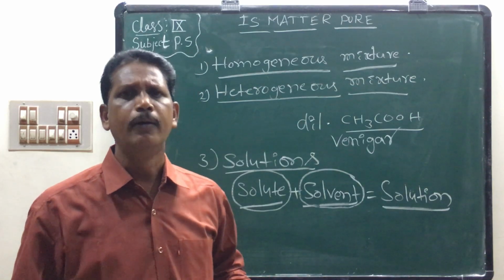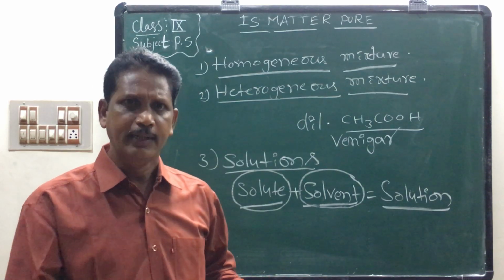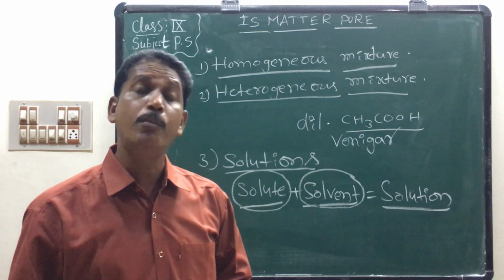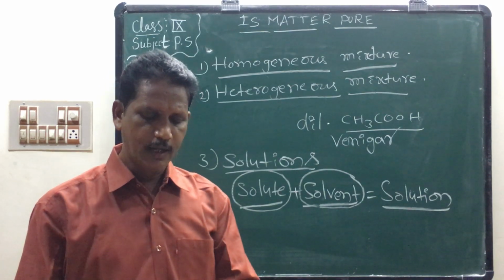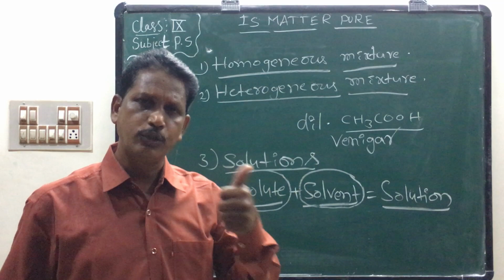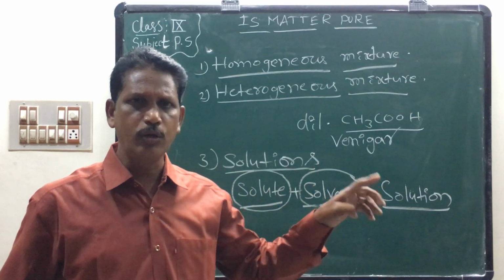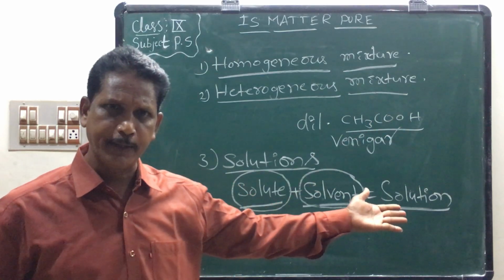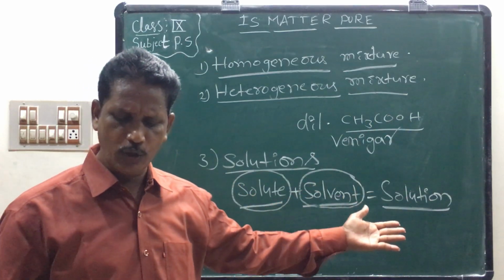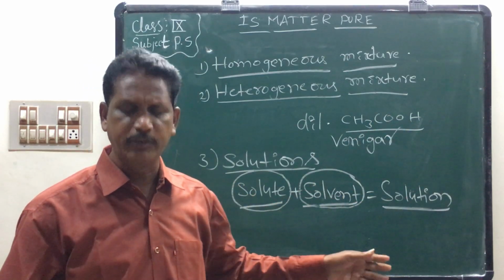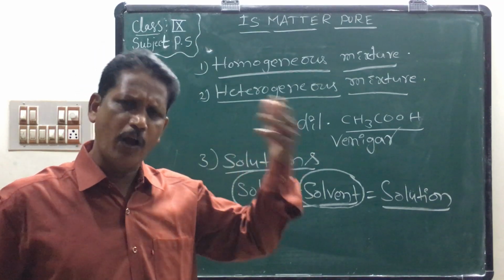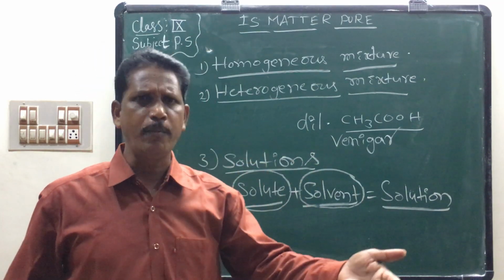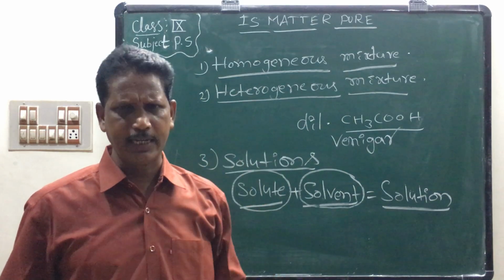This type of mixture is called a solution. Solution contains two components, solute and solvent. Solute dissolved in solvent to form solution. A solution can be in the form of solids, liquids or gases.